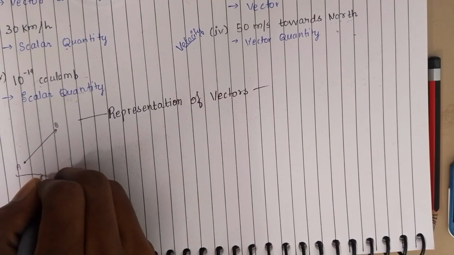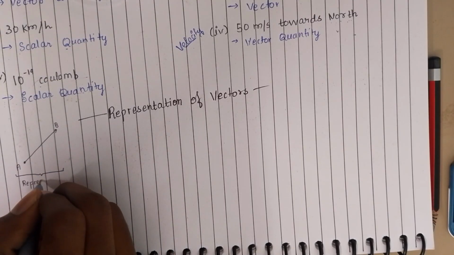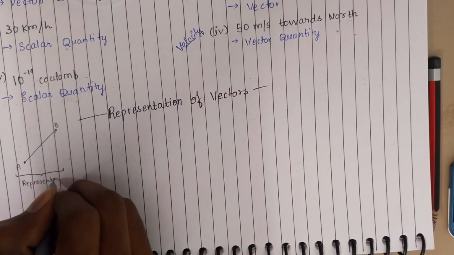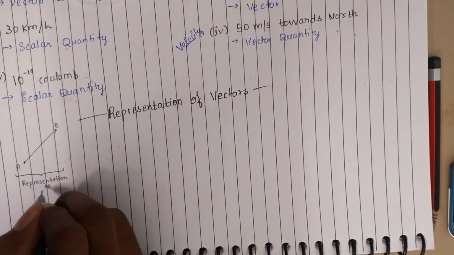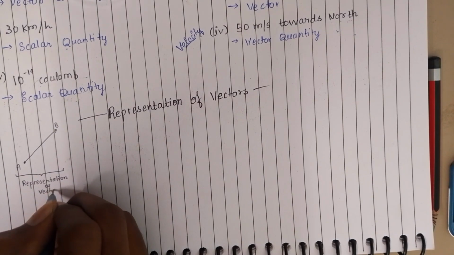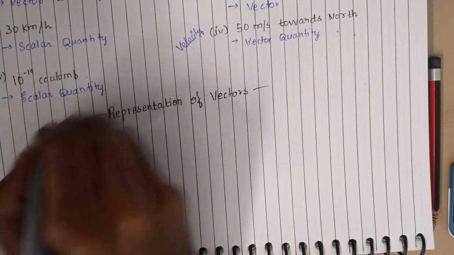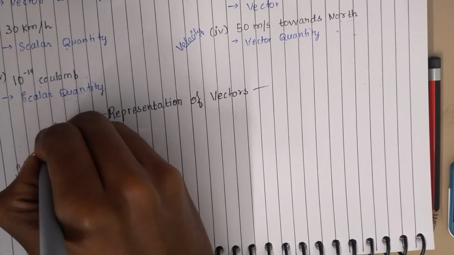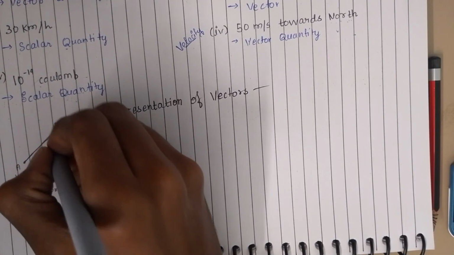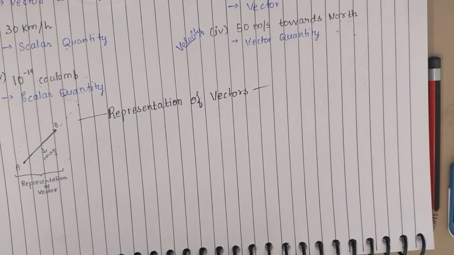This is how we represent a vector. This tells you the magnitude, and this tells the direction. This is how a vector is represented.